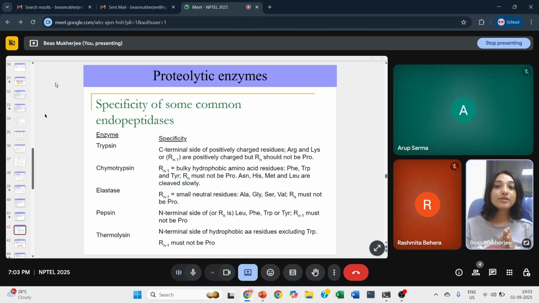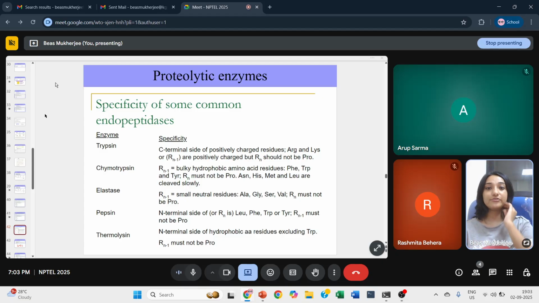Then there is chymotrypsin. Chymotrypsin cleaves at W, Y, F, that is phenylalanine, tryptophan and tyrosine, and there should not be any proline on the right-hand side. Next is elastase. It cuts at G, A, S, B, and there should not be proline. Pepsin cleaves at the N-terminal side.